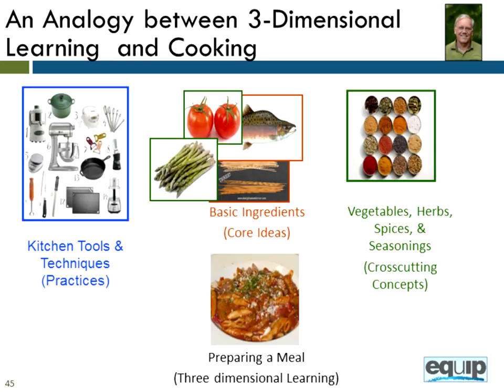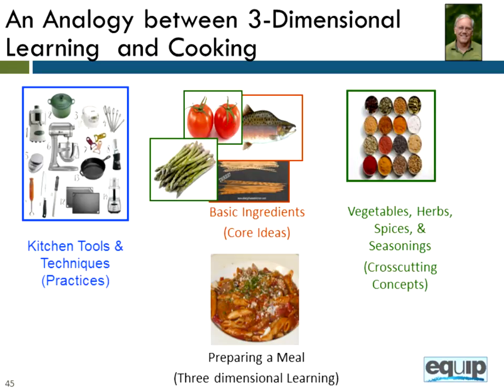So knowing how to get that skillet at the right temperature is critical. Those are my practices. On the other hand, I have to have these important basic ingredients. Those are my core ideas. I have to know how to select a really good fish, and be able to pick out those tomatoes so they're just ripe, and pick out the vegetables that taste really good.